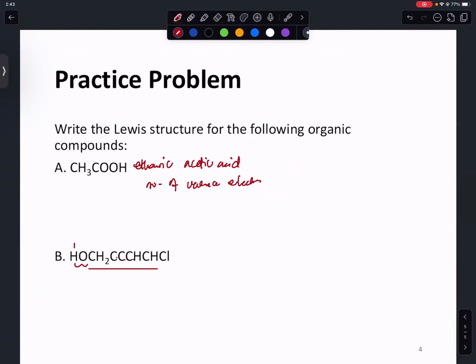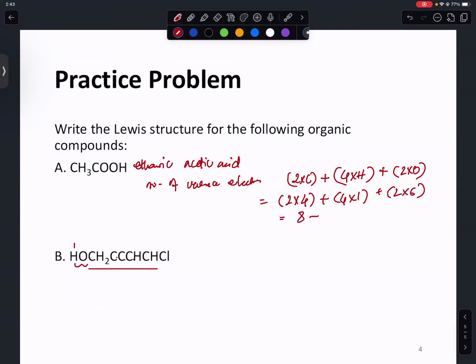And the number of valence electrons is going to be 2 times carbon plus 4 times hydrogen plus 2 times oxygen. And it's going to give me 2 times 4 plus 4 times 1 plus 2 times 6. And it's going to give me 8 plus 4 plus 12. And this is going to give me 24 valence electrons.